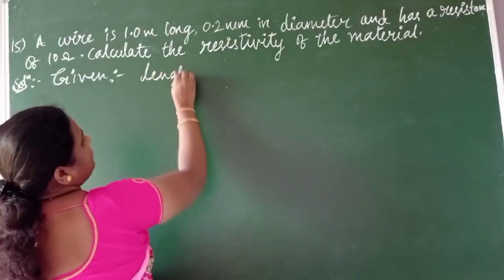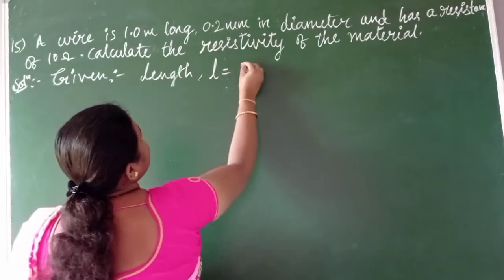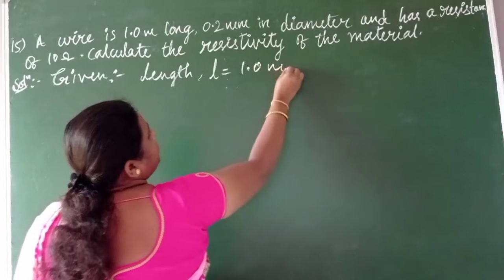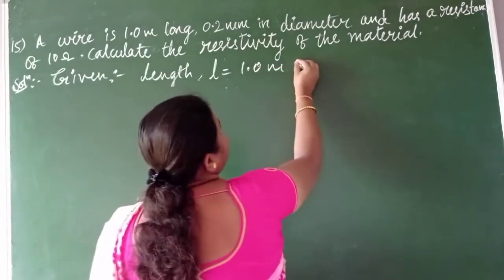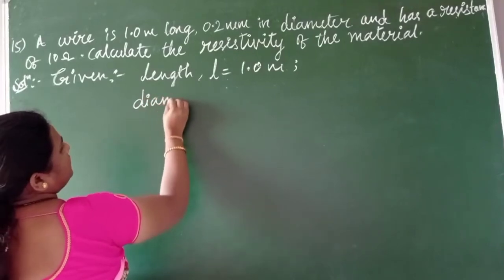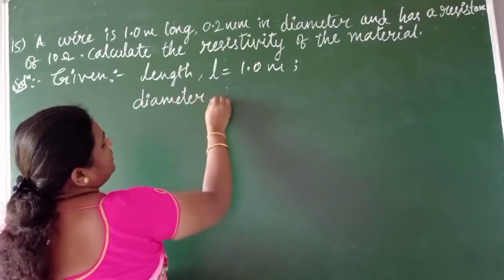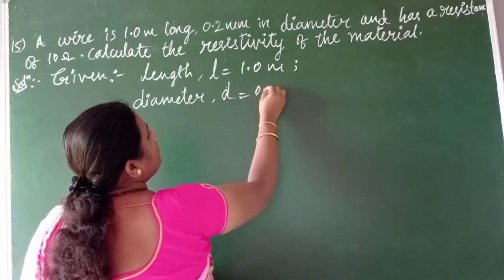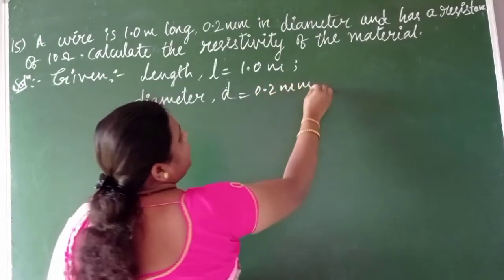What are the given things? Length, L is equal to 1 meter. Then diameter, D is equal to 0.2 millimeter.